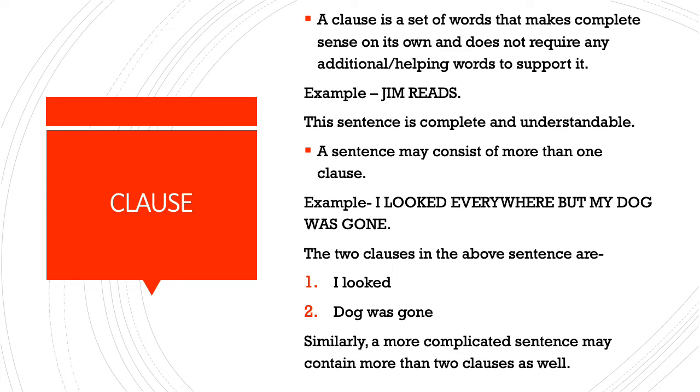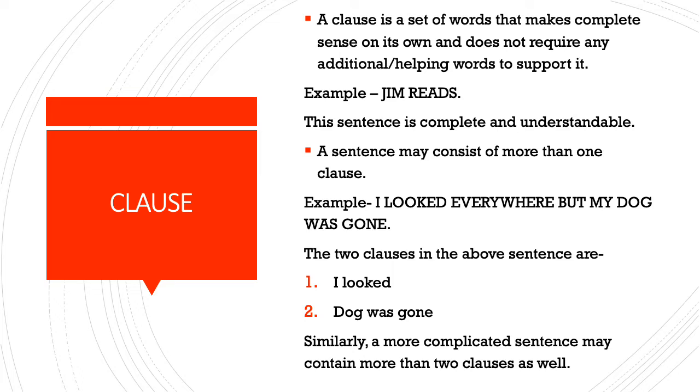So I is the subject, looked is the verb. The sentence is complete in itself. My dog was gone. Dog is the subject and gone is my verb. Second clause. So the two clauses in the above sentence are I looked and my dog was gone.